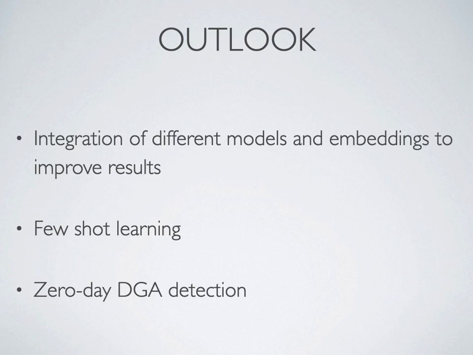We already conducted some experiments and it seems a promising direction. Then it is also interesting to investigate specifically a few-shot learning problem or zero-day DGA detection, where you have very little data to learn from, like units of examples.